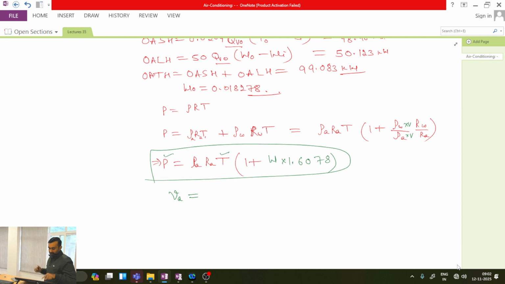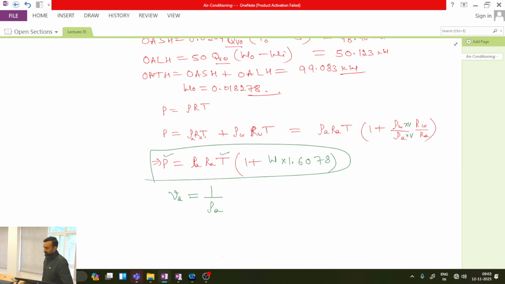What will be VA? 1 divided by rho A. Pressure is 1.01 bar. R is 0.287 for dry air. T is 45 degrees Celsius. How much will it come? 312. 45, 538. 302. Okay, so it will come to 302.